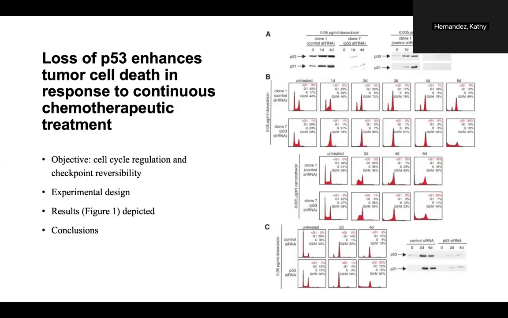In figure 1A, we're looking at immunoblotting of P53 and P21 expression. Immunoblotting was used to detect the expression of these two because P53 and P21 are accompanied genes. After doxorubicin treatment, control shRNA cells showed P53 induction and an accompanied increase in P21 levels.